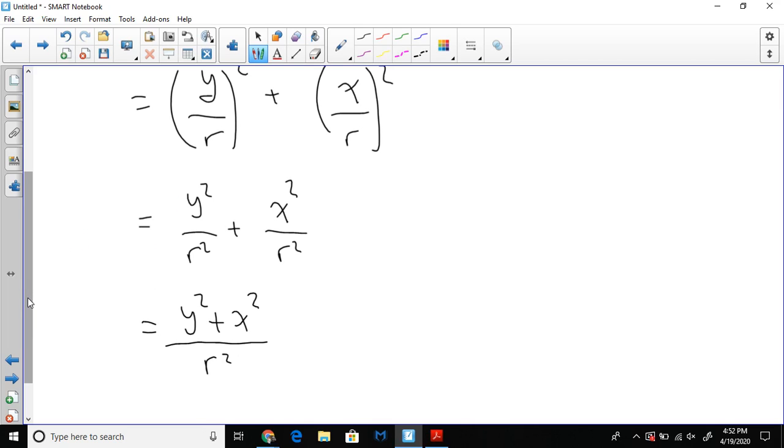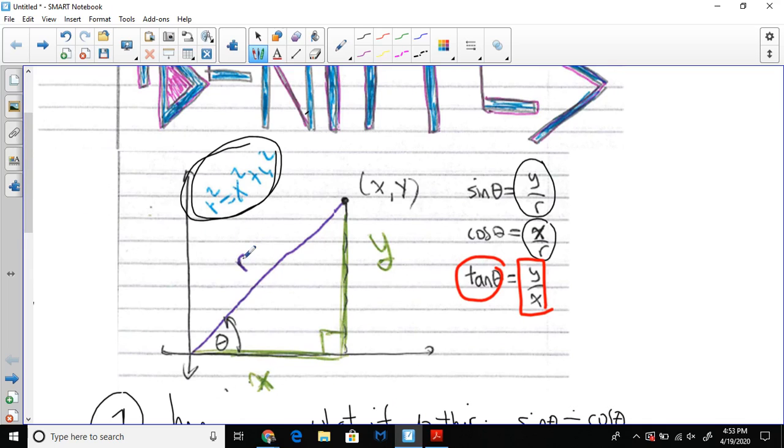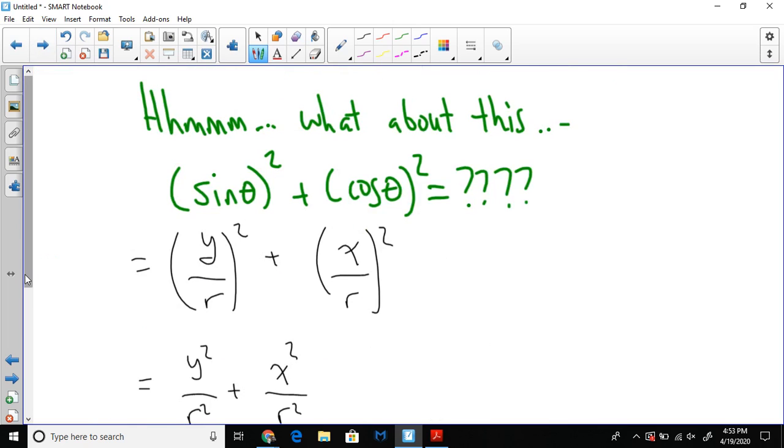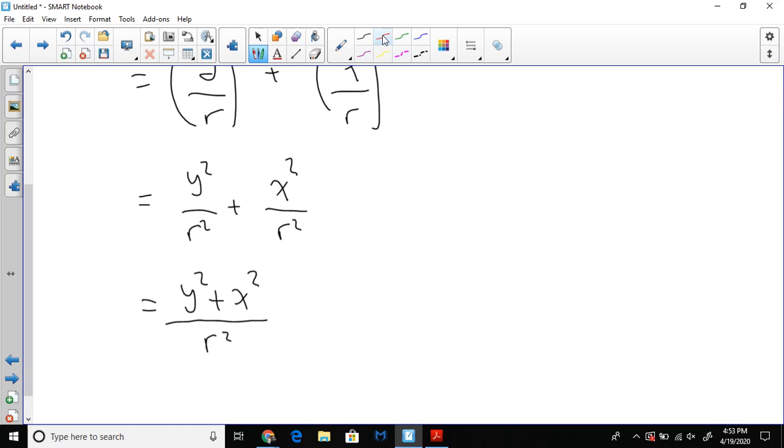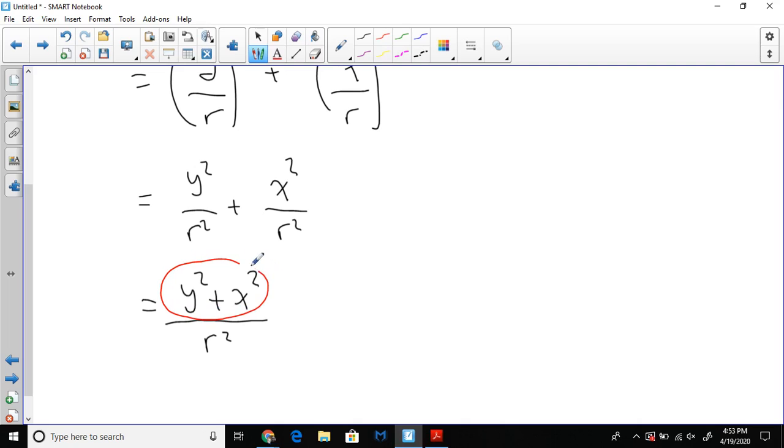Now, to the untrained eye, you'd think this is complicated: I have this y squared plus x squared over r squared. But obviously there's a pattern here. What is it? If I go back here, what is r squared? Using the Pythagorean theorem, this side squared is this side squared plus this side squared. So this part is equal to r squared.